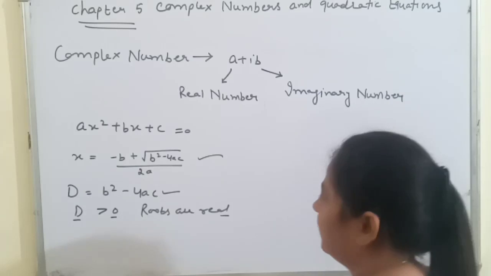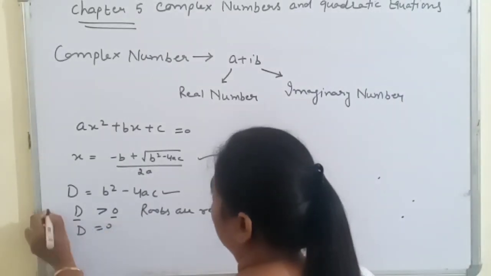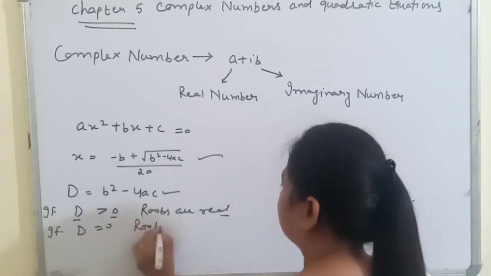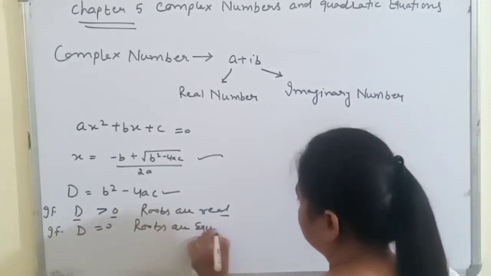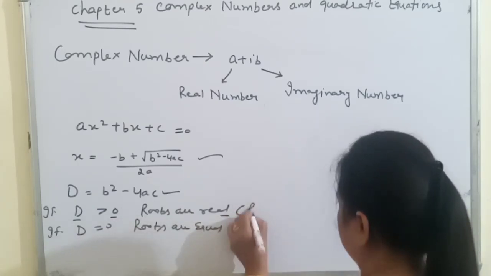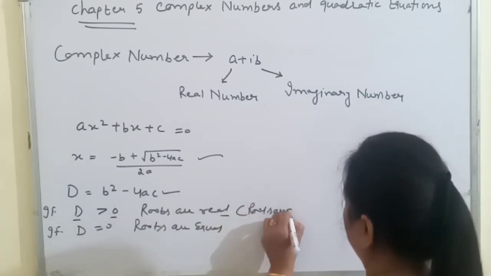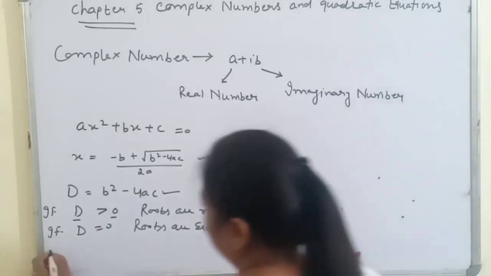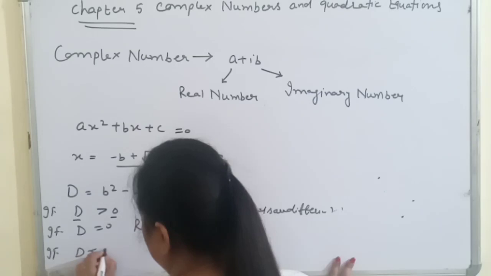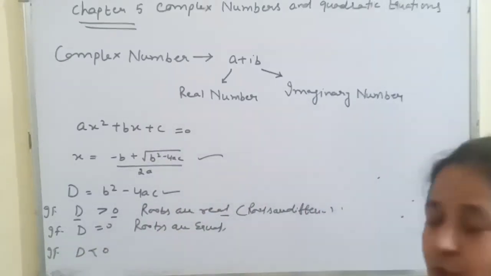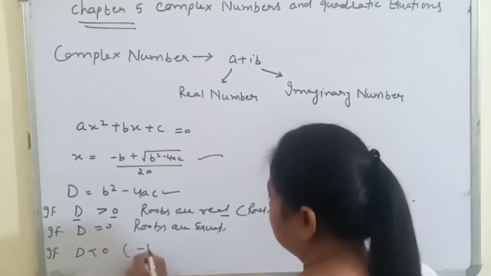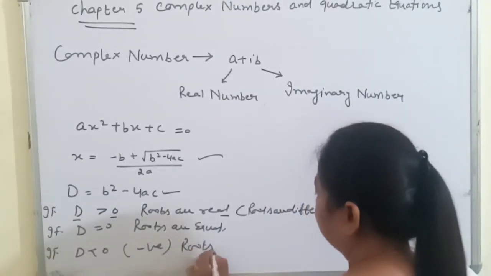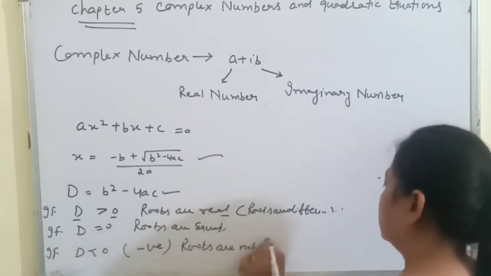Second condition which we have studied there: if D is 0, then roots are equal. In the first case roots are different. Now you have also studied that if the discriminant is less than 0, meaning it has a negative value, then roots are not real.